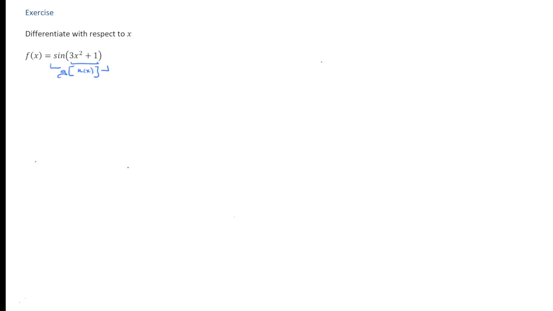And so one of the ways of writing the chain rule is, if f of x is equal to g of h of x, then its derivative, f dash of x, will equal h dash of x times g dash of h of x. Now that's one of the two formulae we saw for the chain rule, so I'll just box that now.